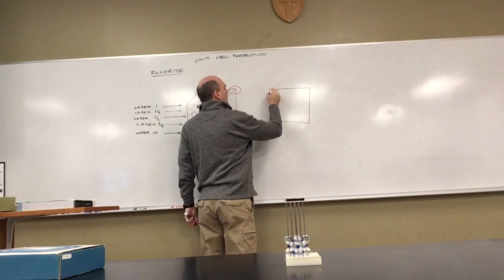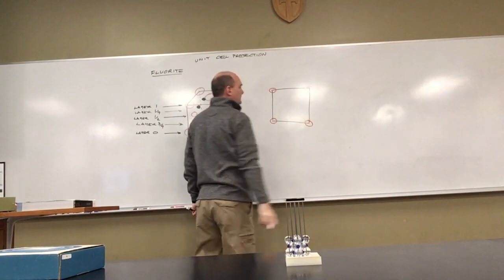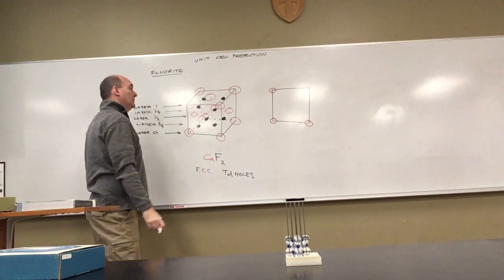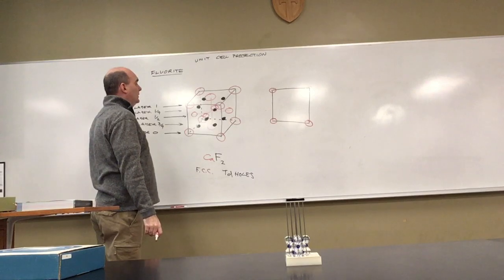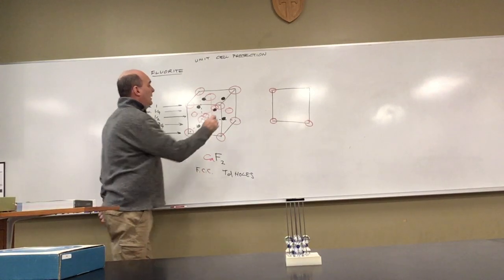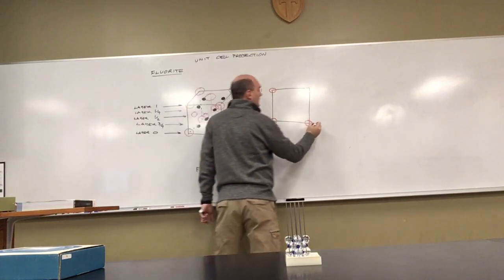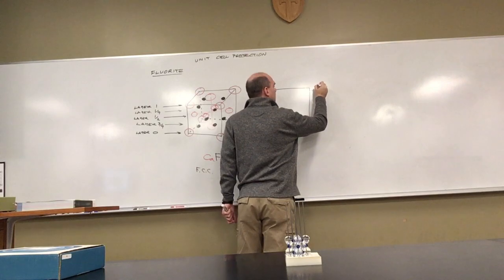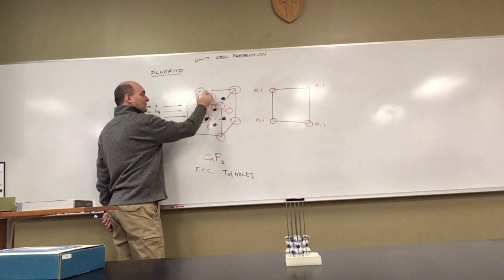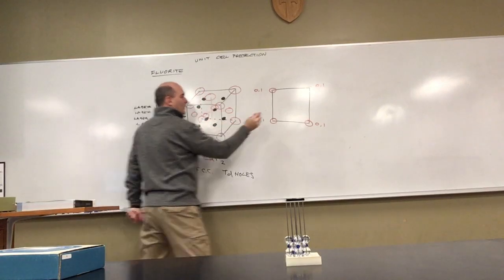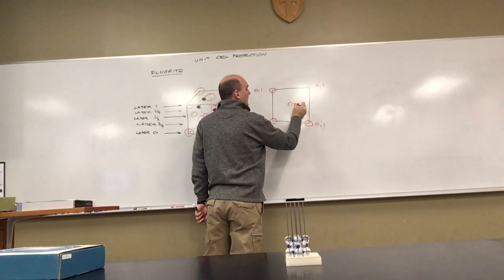I have cations at every corner, and they are at the 0 and the 1. I also have cations at the center of the top and bottom face, and they are at layer 0 and 1.